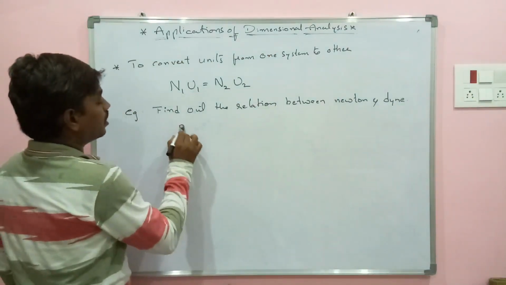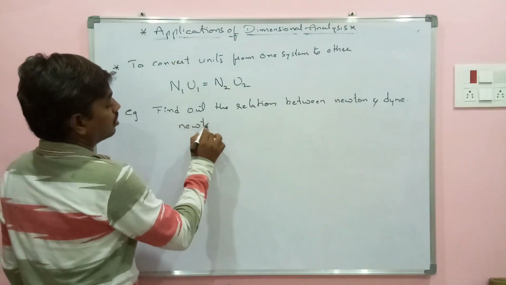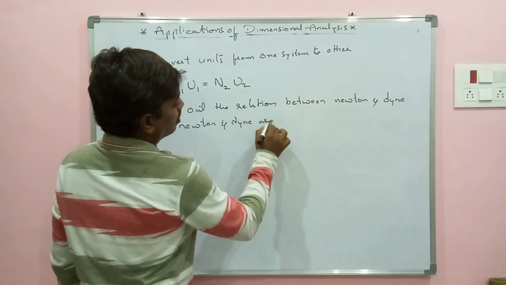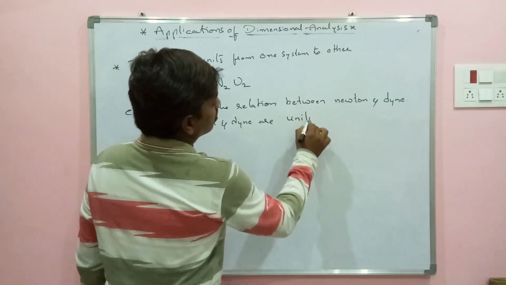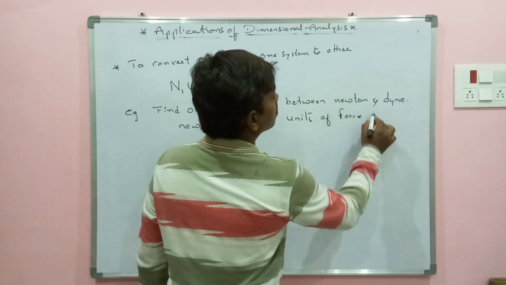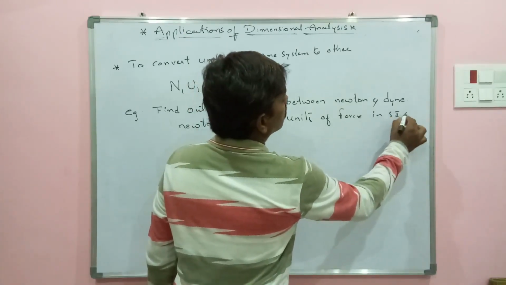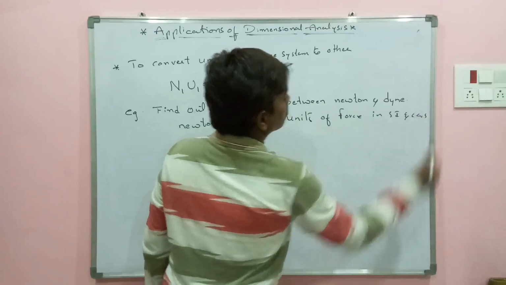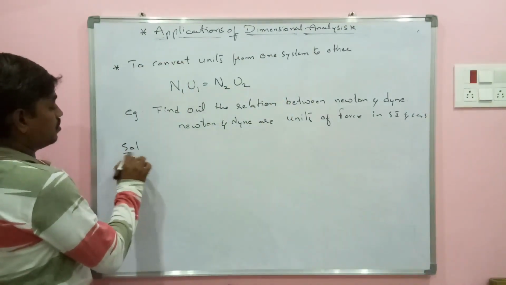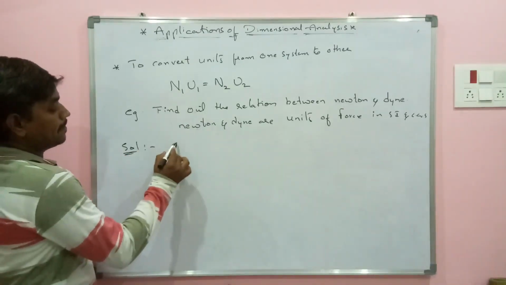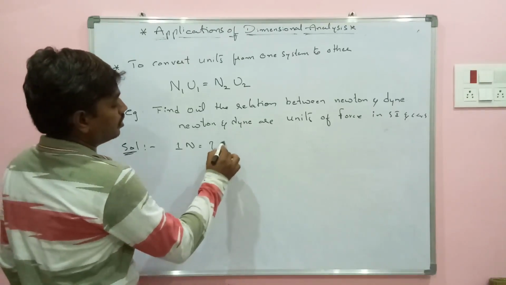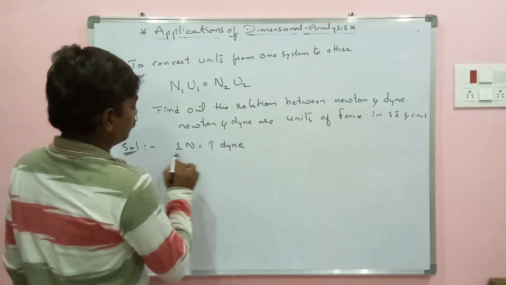Remember, Newton and dyne are units of force in SI and CGS. So, solution. I want 1 Newton is equal to how many dyne?